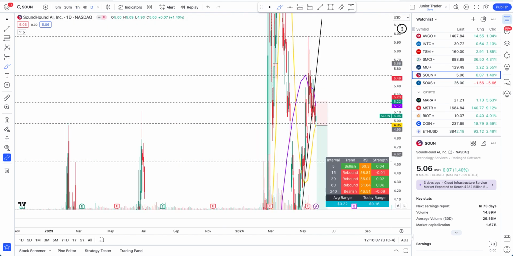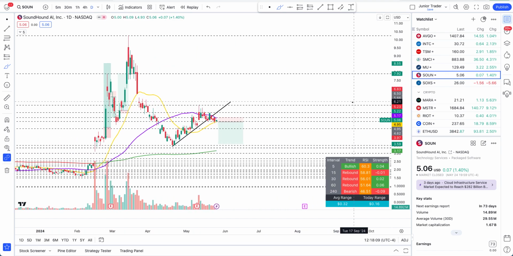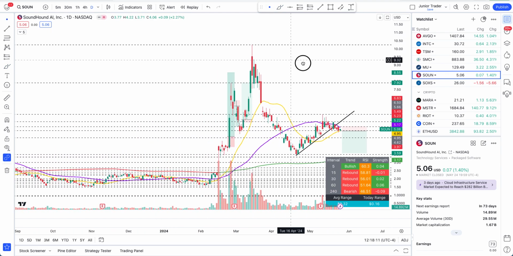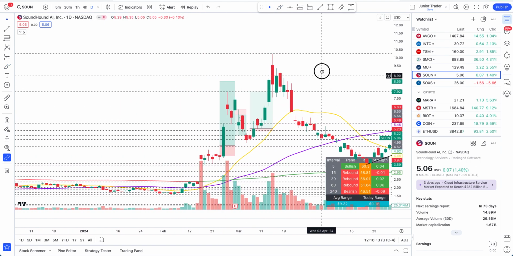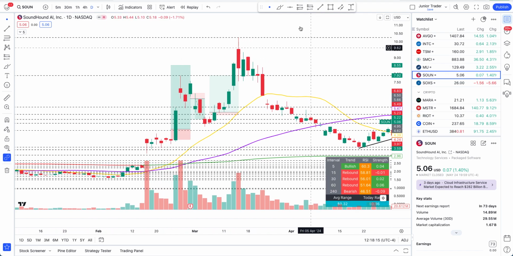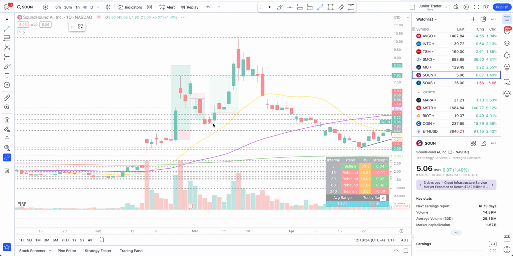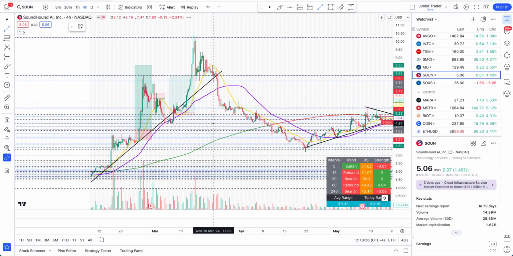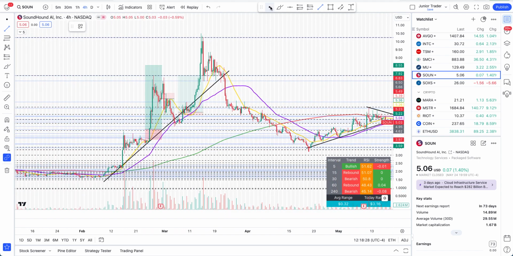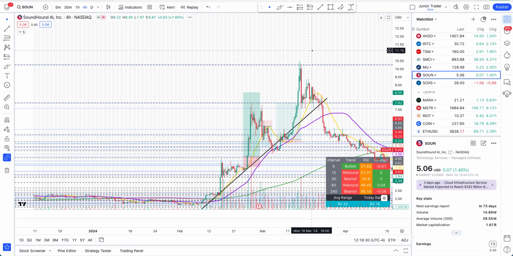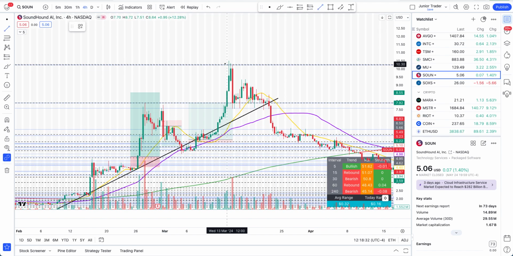This is not very uncommon. This is pretty much the same pattern that we were seeing over here on Soundhound AI, right over here, and back here as well. Let's go to the 4 hours to show you that. Back there as well, I talked about the same thing: be careful.